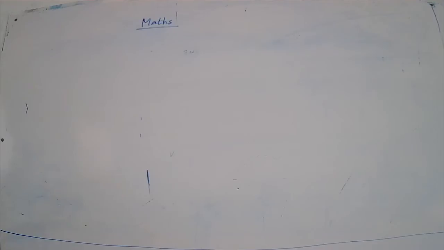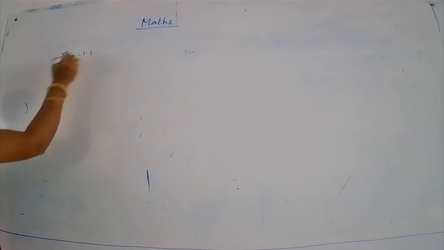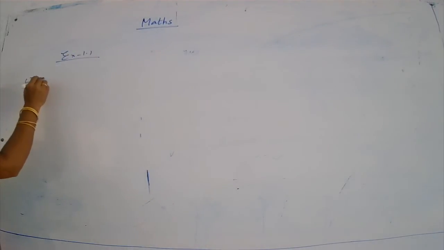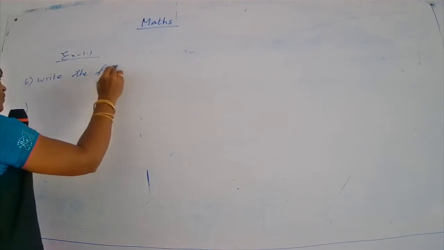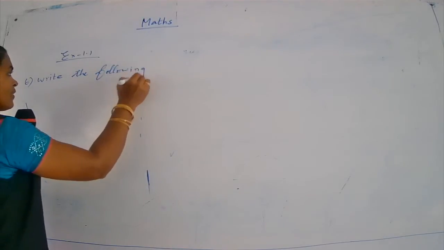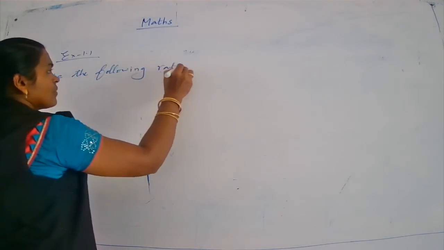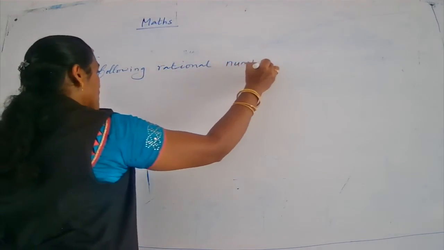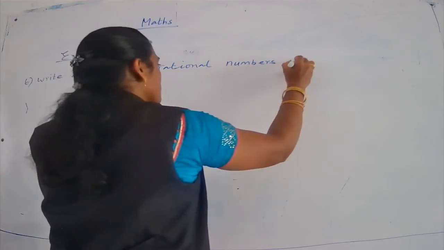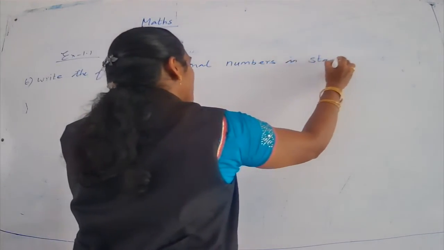Exercise 1.1, sixth question. Write the following rational numbers in standard form.